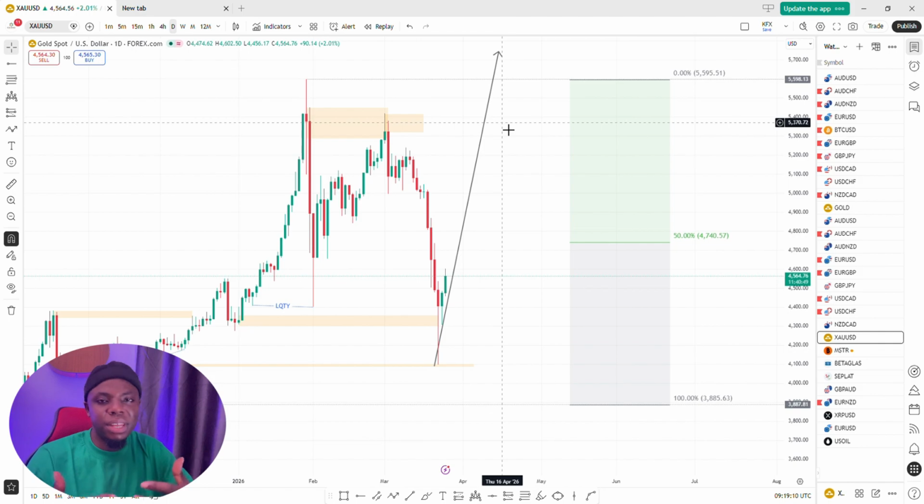So something I need you to understand as a trader is understanding how the market really works, understanding how the market moves. Once you understand the movement of the market, then it's not hard for you to take advantage of the market.